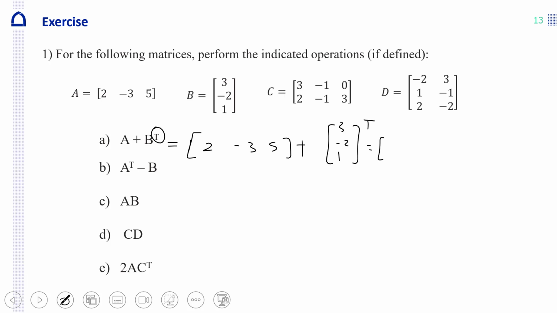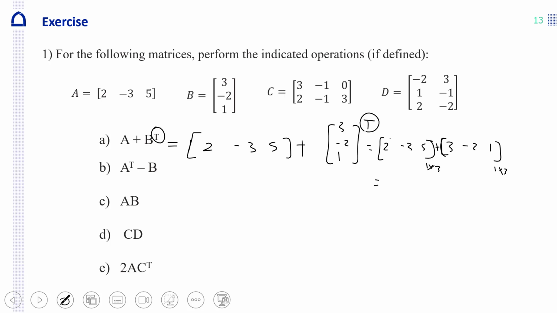So I'm going to write this one again and then get the transpose of this one. So it is column matrix. It will be a row matrix, right? So 3 minus 2 and 1. And we are adding. So yes, which is fair enough, because this is becoming 1 by 3 and this is 1 by 3. So the condition of addition is already there.